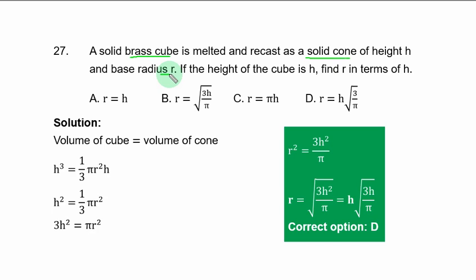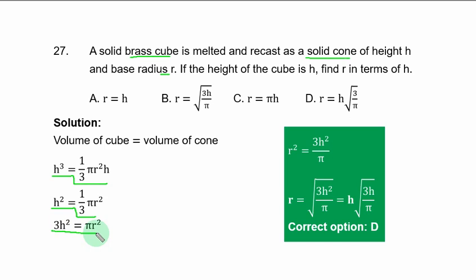Now in terms of h, the volume of the cube becomes h cubed equal to volume of a cone. You can divide through by h. If you do that, you have h squared equal to 1 over 3 pi r squared. If you cross multiply, you have 3h squared equal to pi r squared.